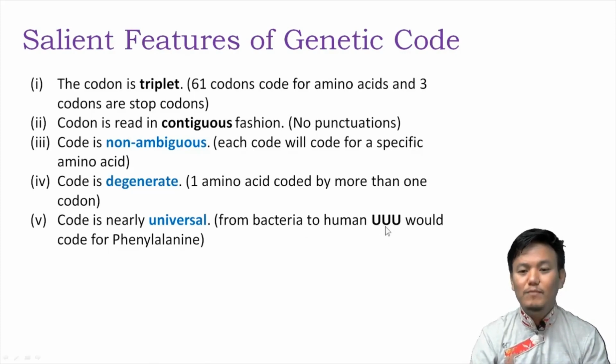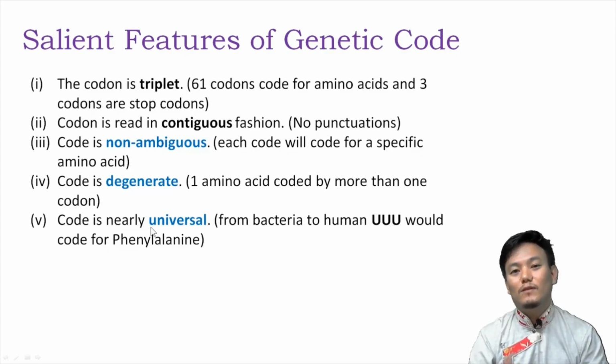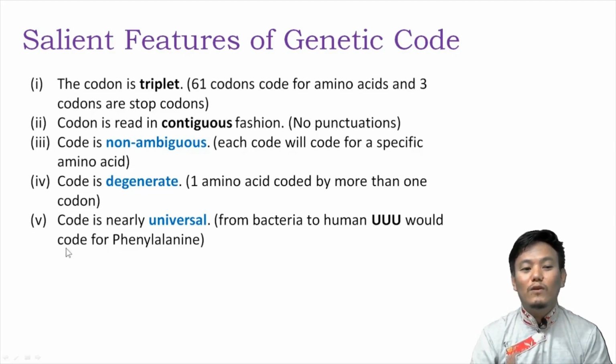If this same UUU codon is present within our body, it will code for phenylalanine. So from bacteria to human, the code is universal. UUU will always code for phenylalanine, and the same goes with other codons as well. It is said nearly universal because there are some exceptions as well.